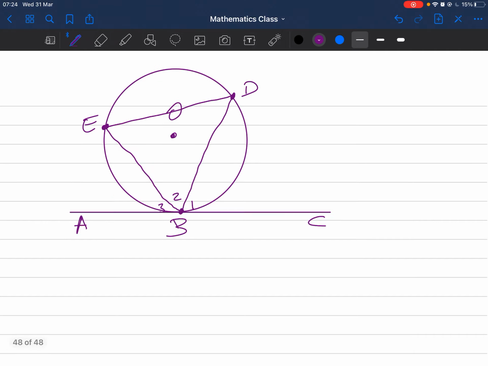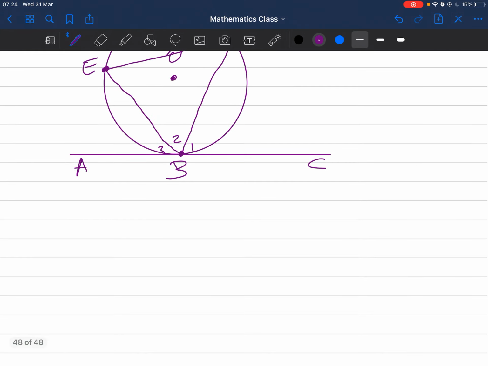That's what you're seeing. Now, the theorem says that if you are given AC as tangent, right?